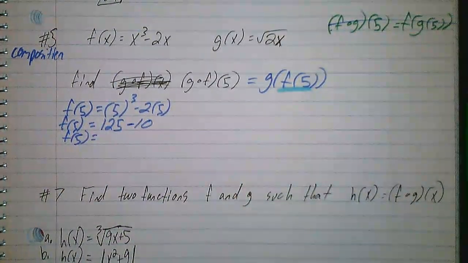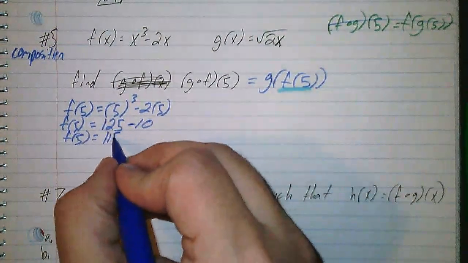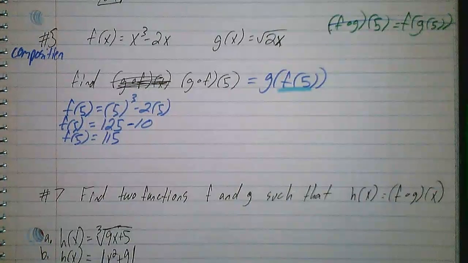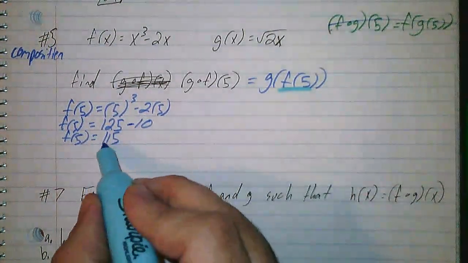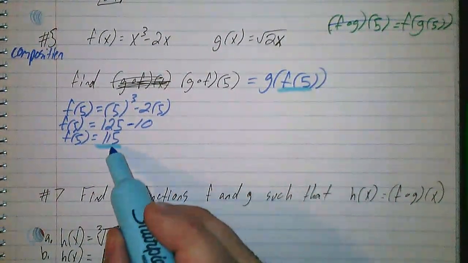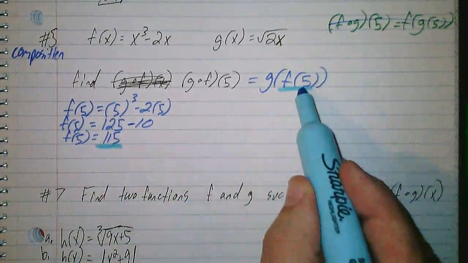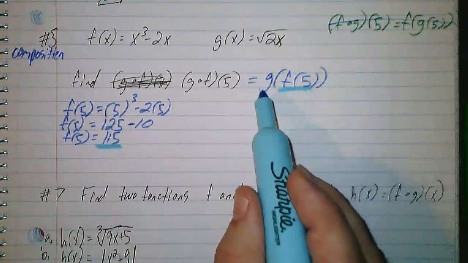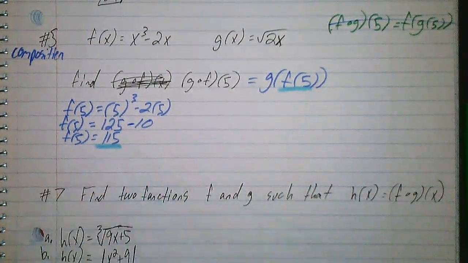So that f of 5 equals 115. So again, just work from the inside out. And now we see that f of 5 is the same as 115.